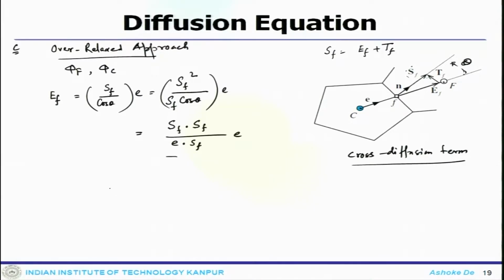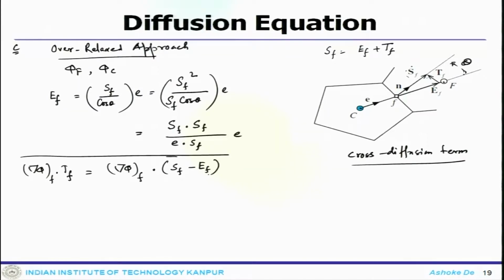So, if we put together everything we have looked at, what we are doing is the gradient calculation at the faces. This was the component, del phi f dot SF minus EF.